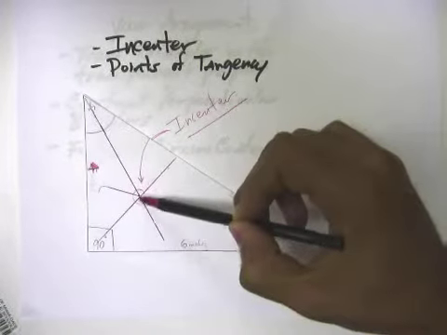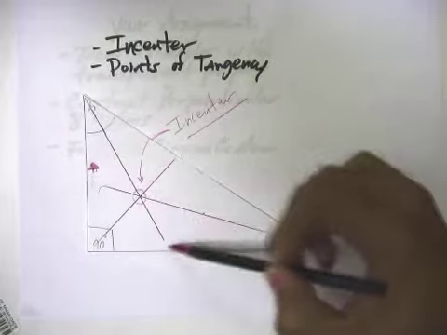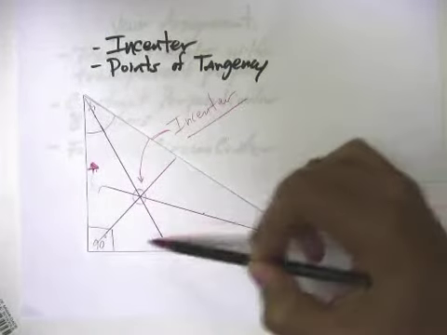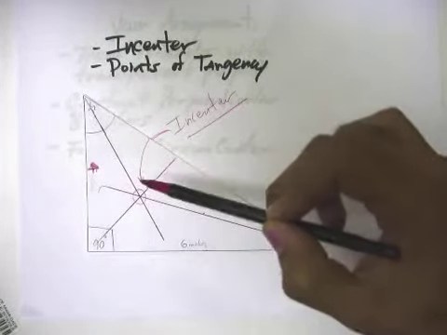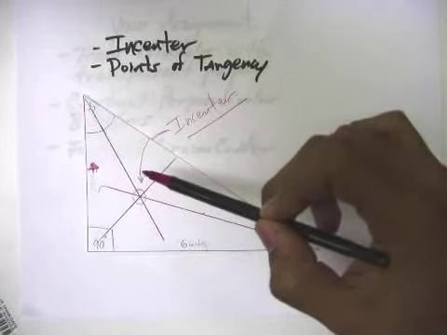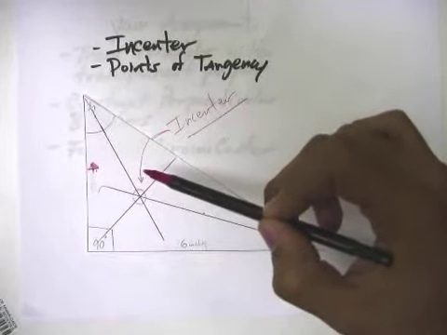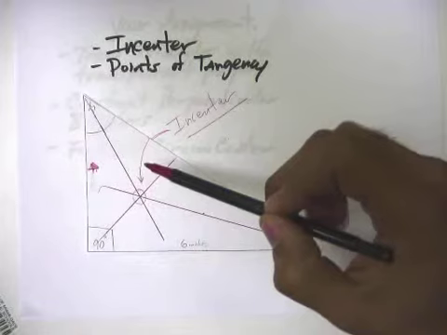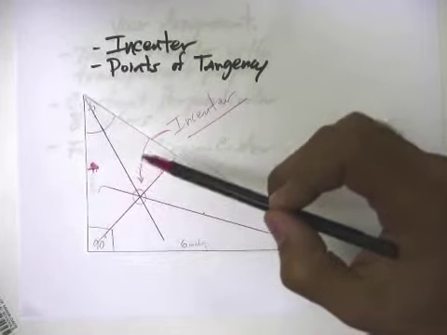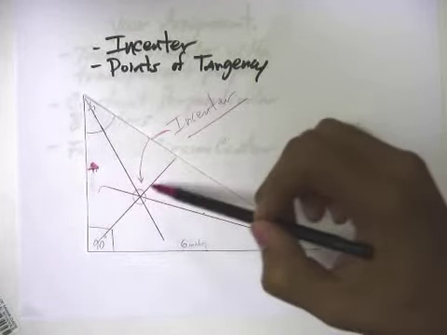The point where all my angle bisectors touch is called the incenter. And the incenter is the same distance from all of the sides of the triangle. The incenter is equidistant from all of the sides of the triangle.